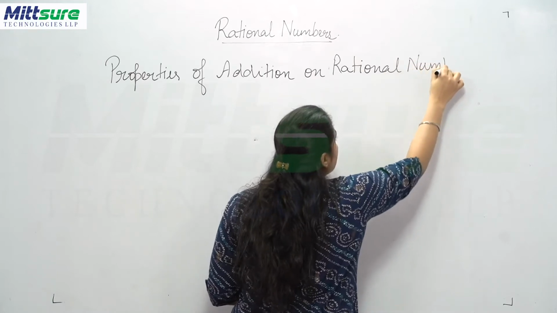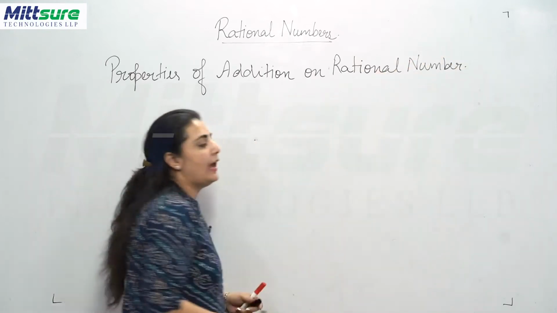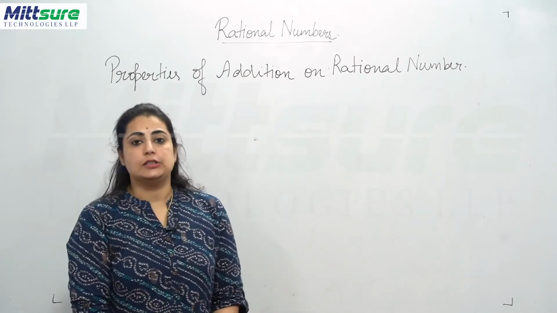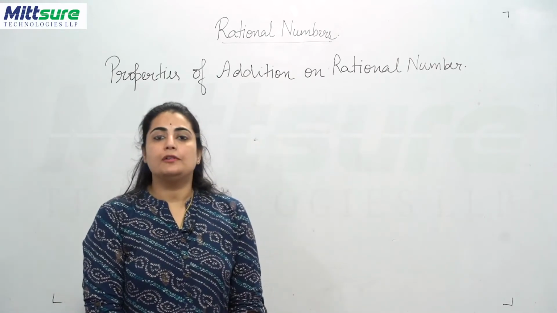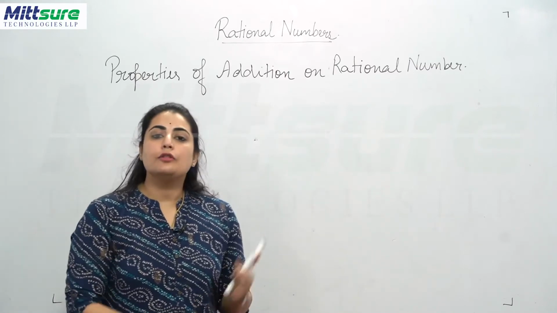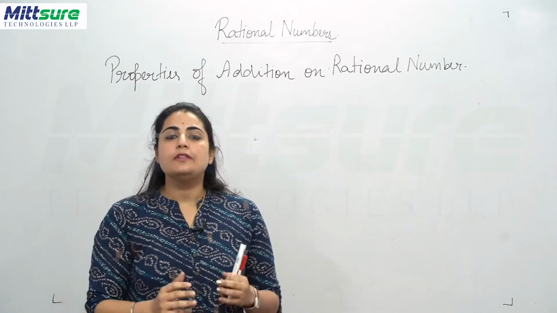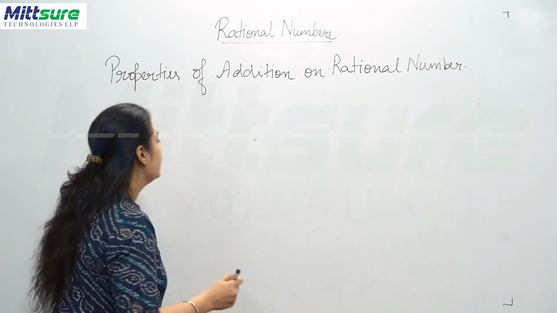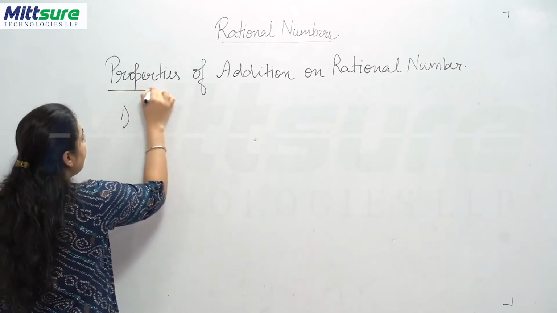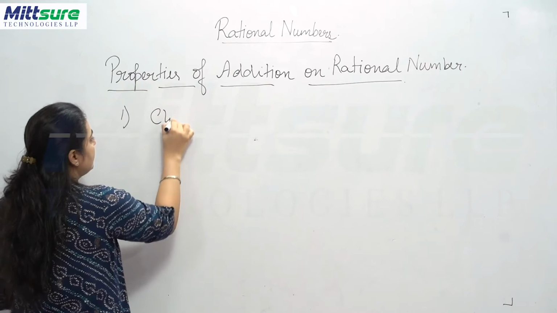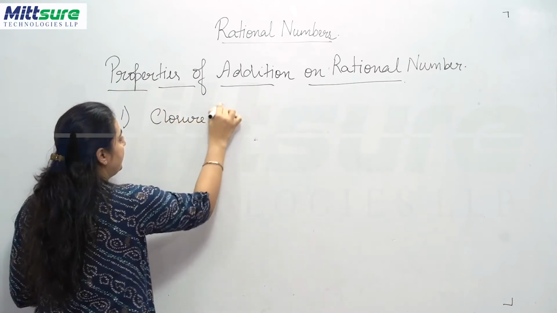Basically, these properties are same as the properties which you have studied on integers. So you all have already studied all the properties of addition on integers. So for the rational numbers also, we have similar kind of properties. To begin with, the first property that we are going to talk about is closure property.